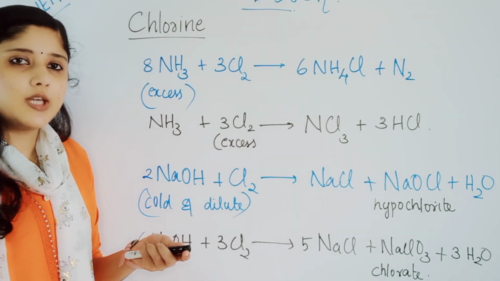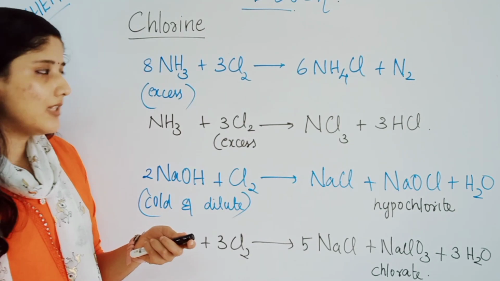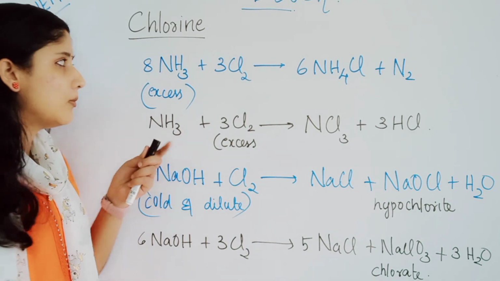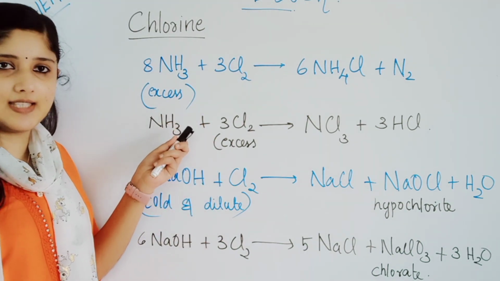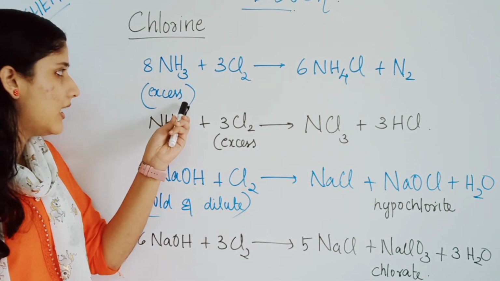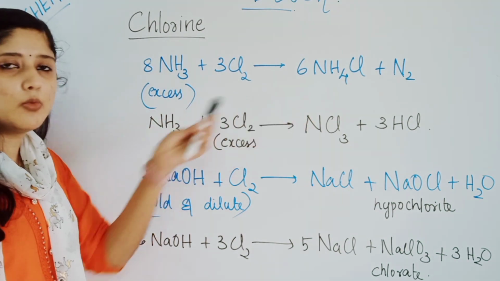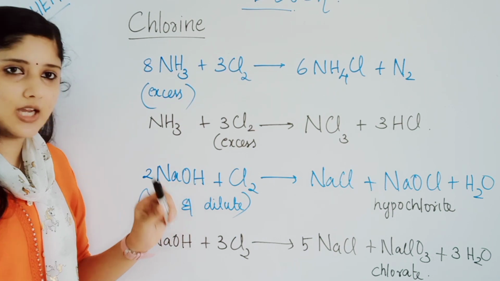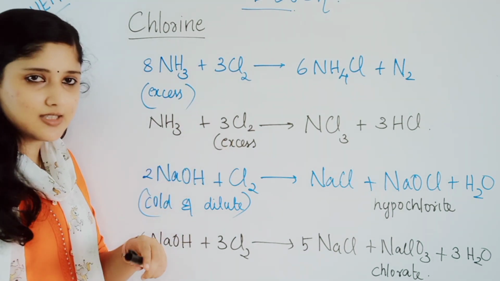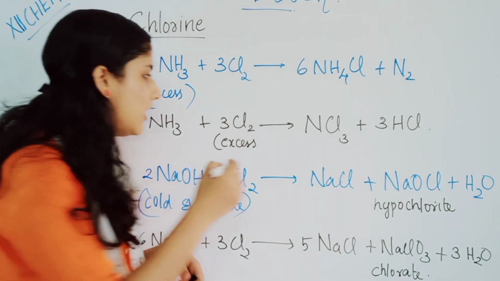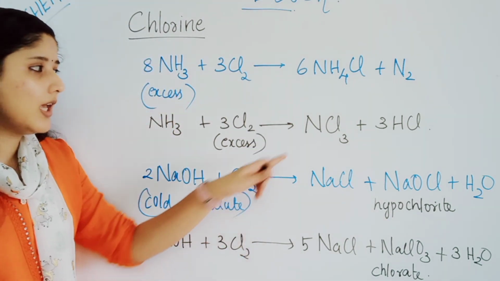Chlorine also can react with ammonia. Let's study the reaction of chlorine with ammonia. When ammonia, NH3, is taken in excess with chlorine, it will give you ammonium chloride, NH4Cl, plus N2, nitrogen gas. But when we take chlorine in excess, we will obtain what?